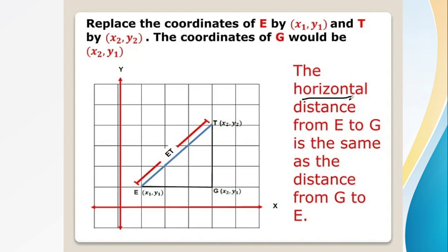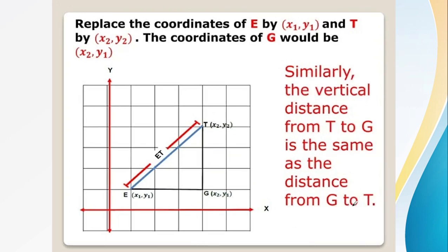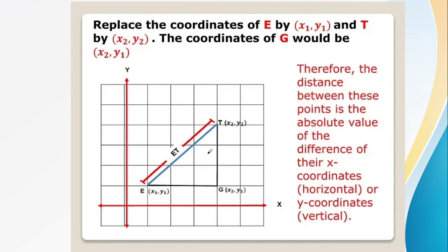The horizontal distance from E to G is the same as the distance from G to E. Similarly, the vertical distance from T to G is the same as the distance from G to T. So T to G and G to T have the same answer, and E to G and G to E have the same answer.